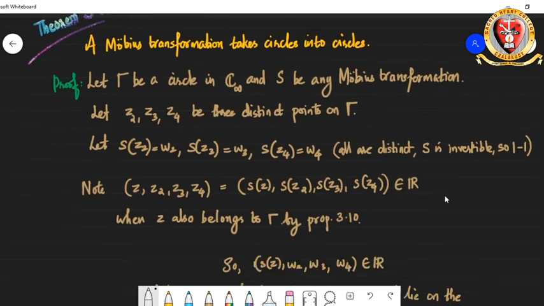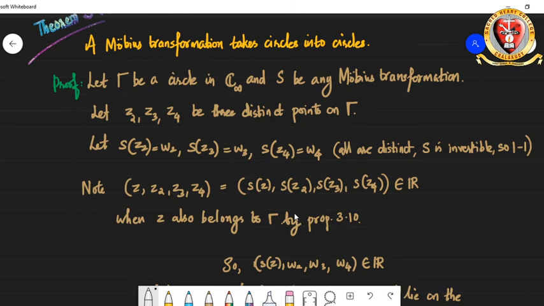Now consider the cross ratio of z, z2, z3, z4, and we said that the cross ratio is not at all affected by a Mobius transformation. So you apply the image here.